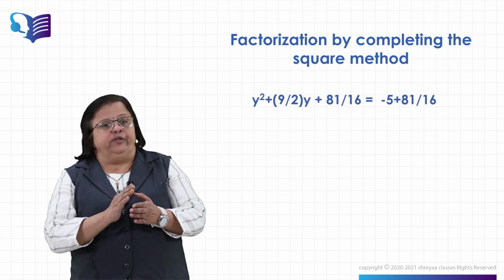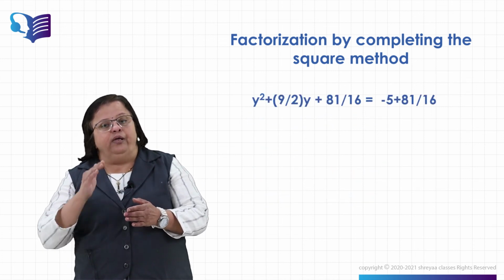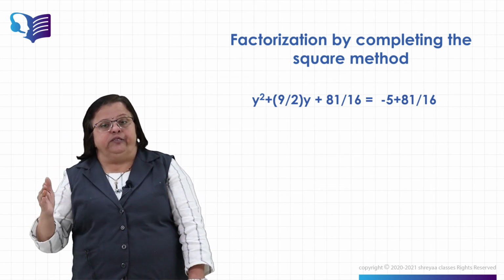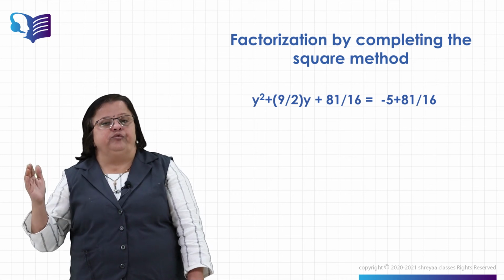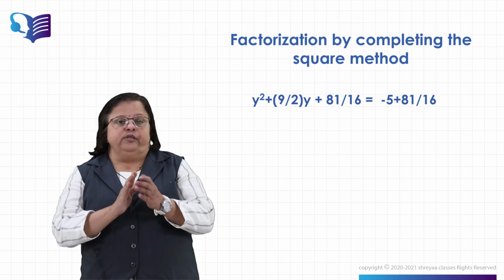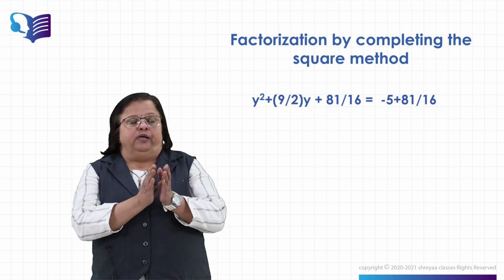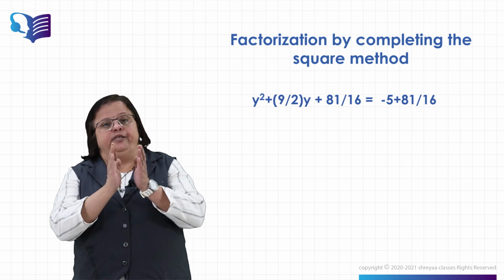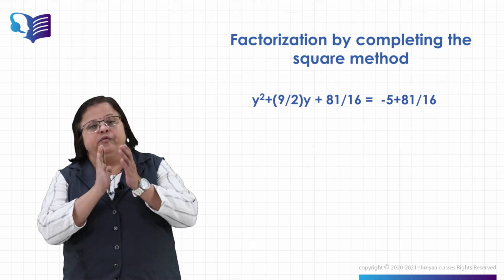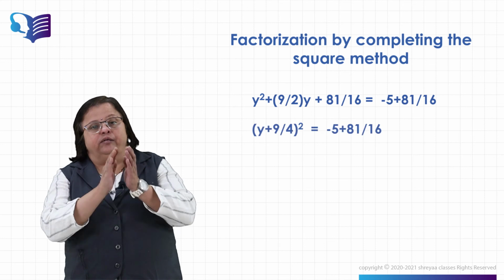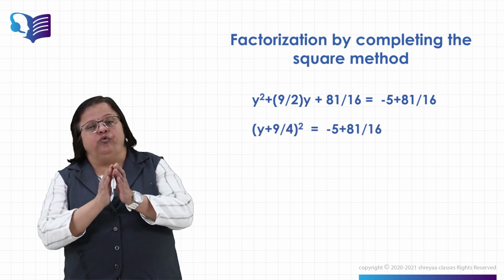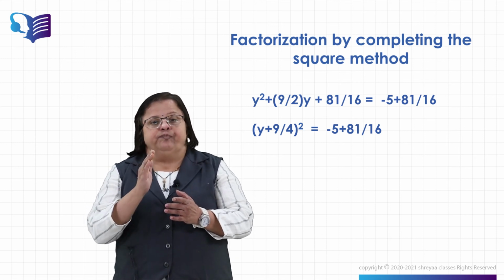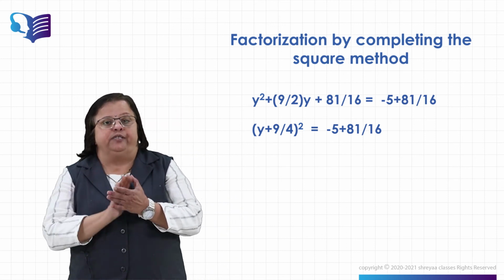So it will be y square plus 9 upon 2y plus 81 upon 16 is equal to minus 5 plus 81 upon 16. Now on the left hand side, if you see, it is the square of an identity. We can write it in the form of the identity as y plus 9 upon 4 the whole bracket square is equal to minus 5 plus 81 upon 16.